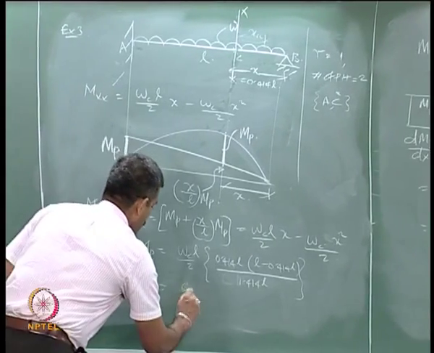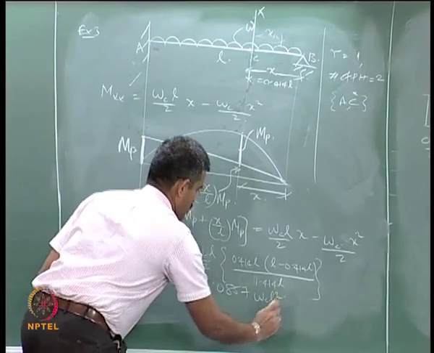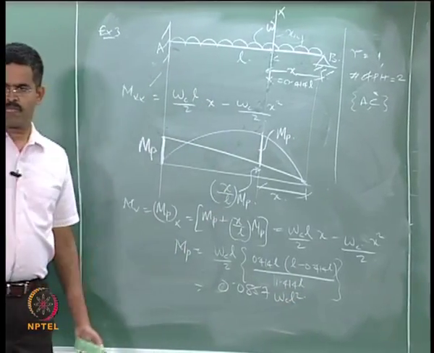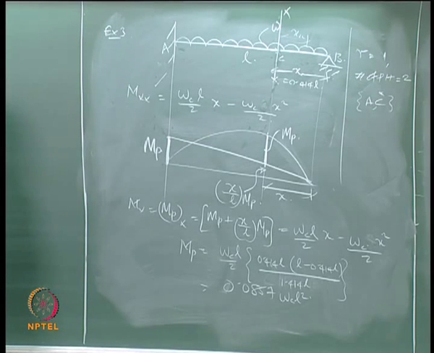This is going to be 0.0857 WC L square. Check. Are you getting it or not?